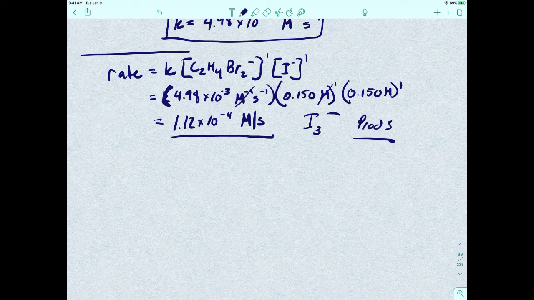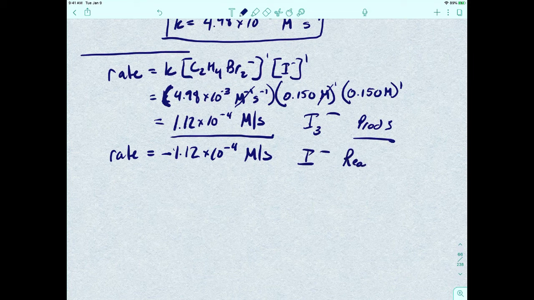So if that's your initial rate of formation of a product, the initial rate of loss would actually be the negative of that. So for part D, that answer should be 1.12 times 10 to the minus fourth molar per second for the loss of I minus. Because this time it's negative because we're dealing with the reactants.